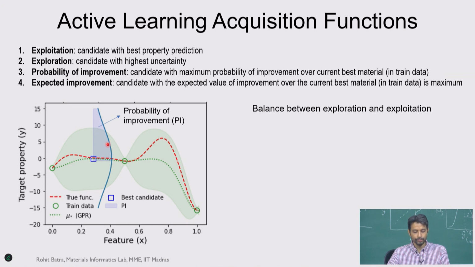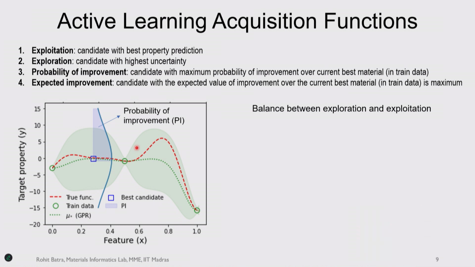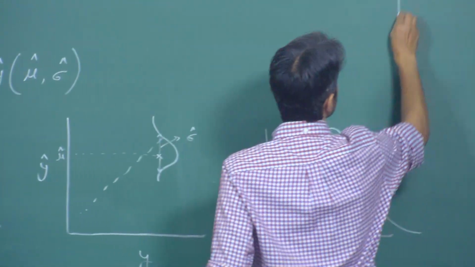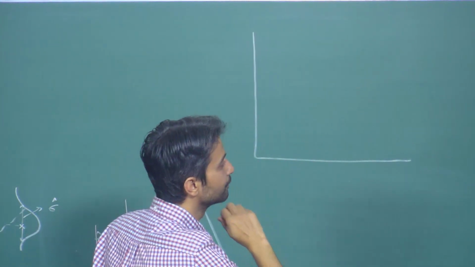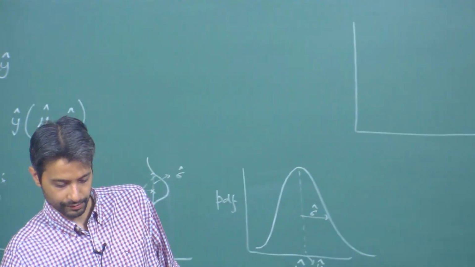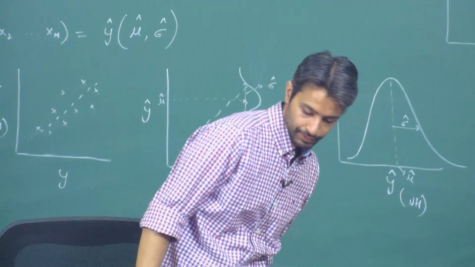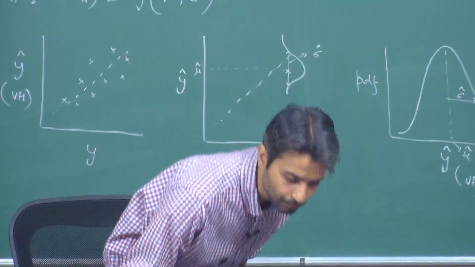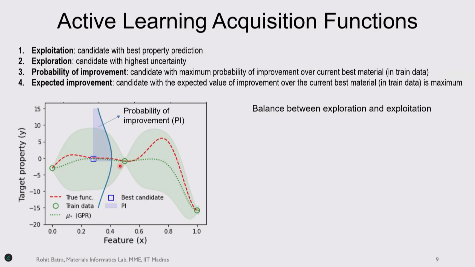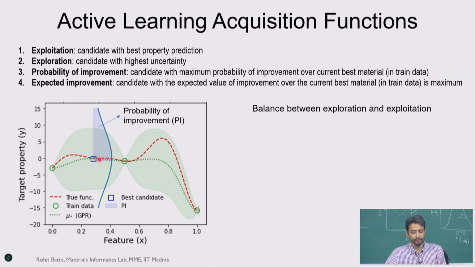Okay. So what is this probability of improvement? Now going back to the same toy example, we had this green dotted line, 3 observations were made, and then this blue point is the one which has the highest mu cap.